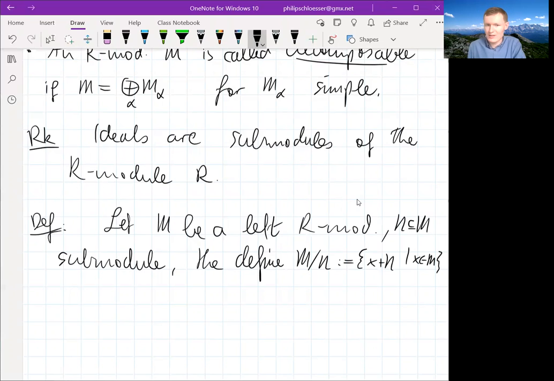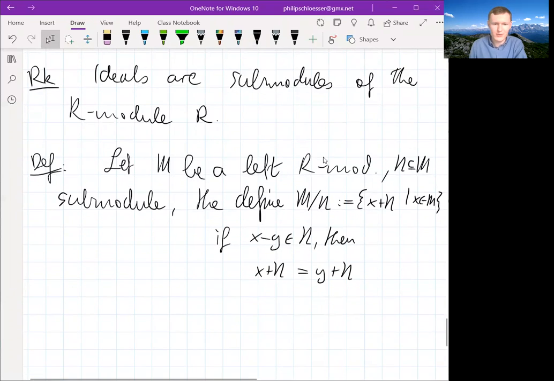This has the effect of saying that every element in N is basically treated as 0, because if x minus y is contained in N, then x plus N is equal to y plus N, just because it is equal to x minus y plus y plus N. But this thing is contained in N, so adding it to N doesn't change anything.